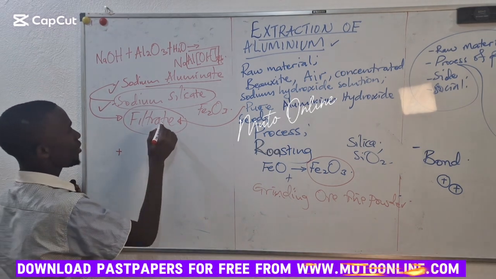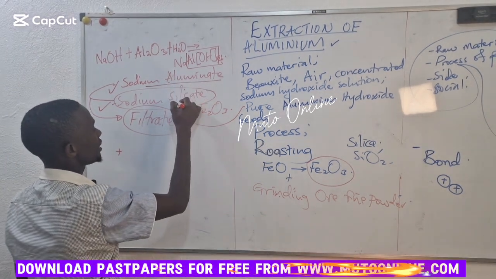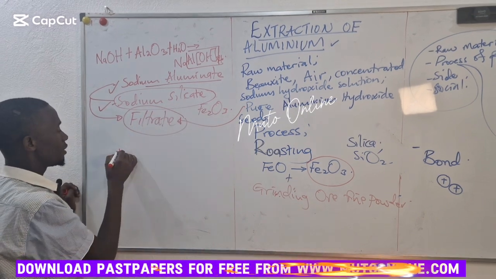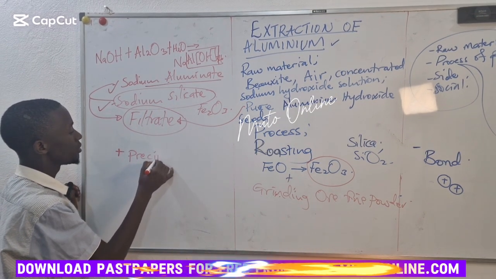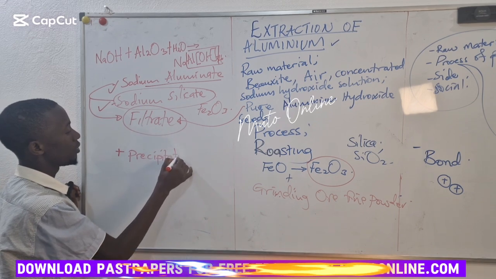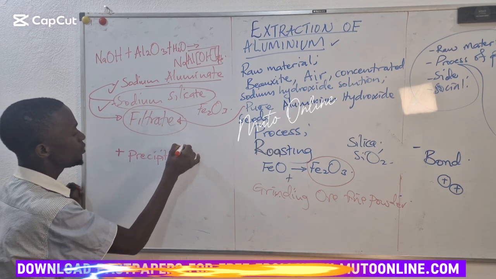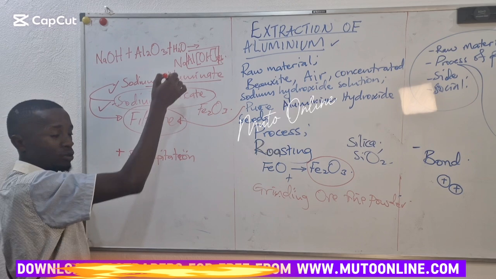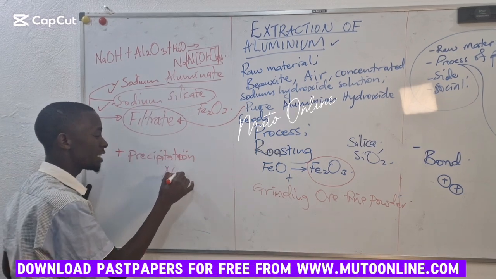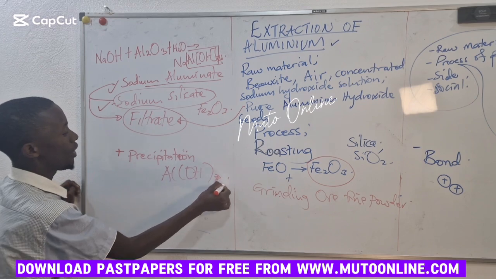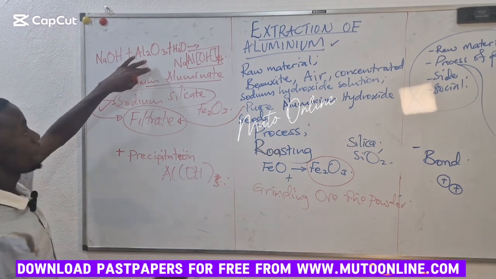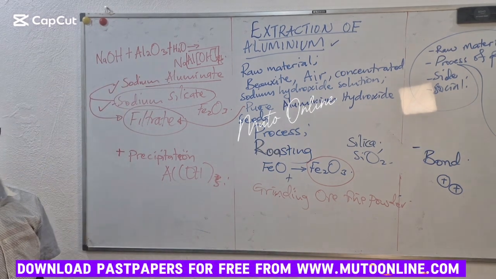So the seeding of this sodium aluminate and the sodium silicate brings about precipitation of aluminium hydroxide from the sodium aluminate.